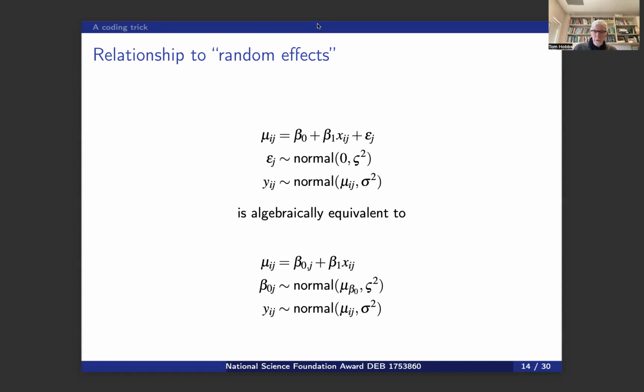Notice that that's absolutely algebraically equivalent to saying that each study has its own intercept. Rather than having an intercept across all studies where we add an error term, we simply allow each study to have its own intercept. And those intercepts are drawn from a distribution with an overall mean and a variance sigma squared.